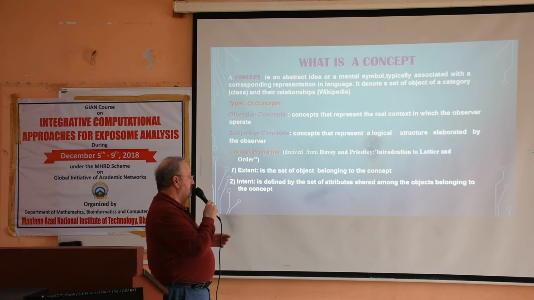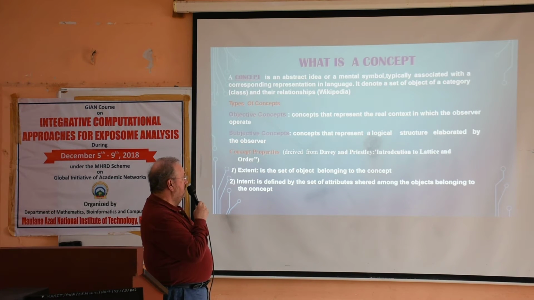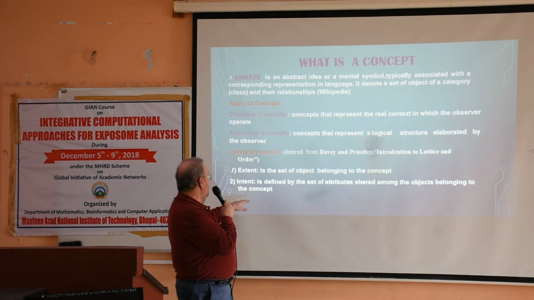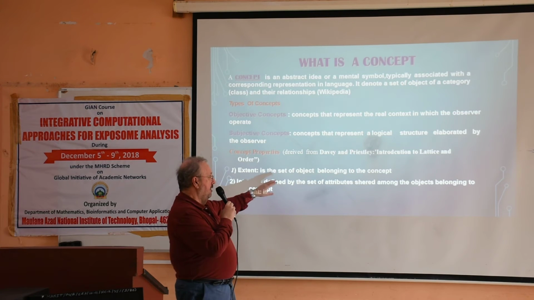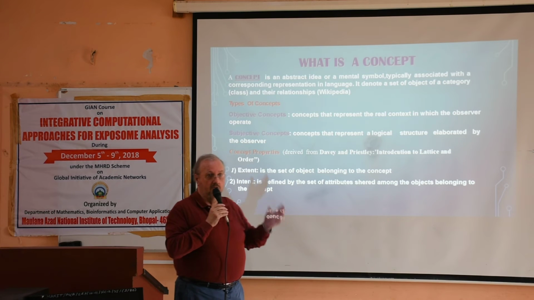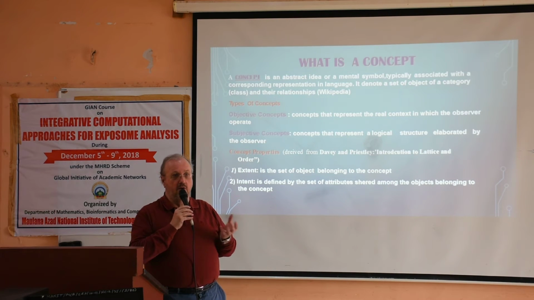The intent is defined by the set of attributes shared among the objects belonging to the concept. This is important in terms of machine learning because these are the features used to discriminate one class from another.